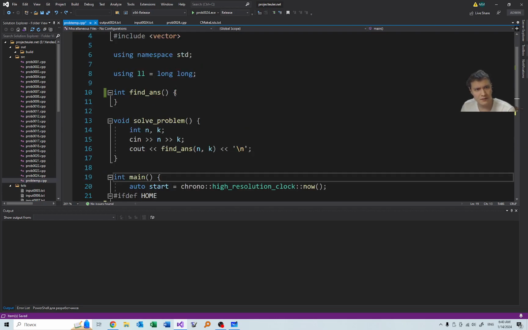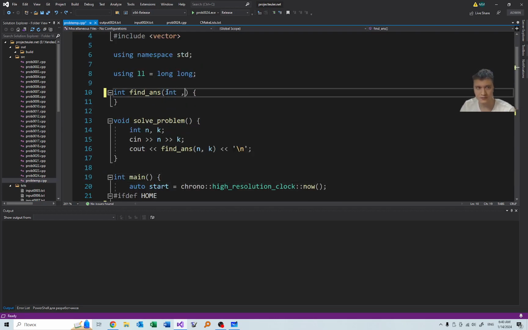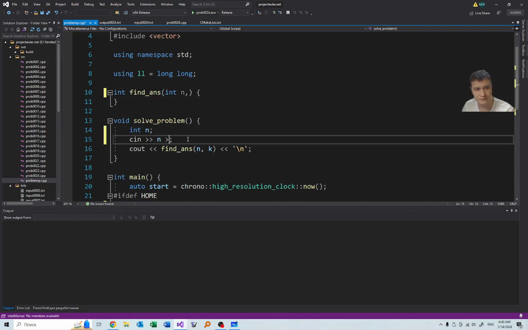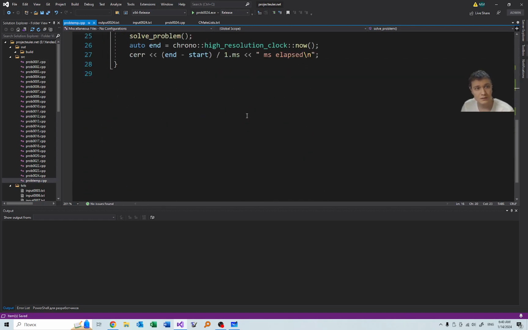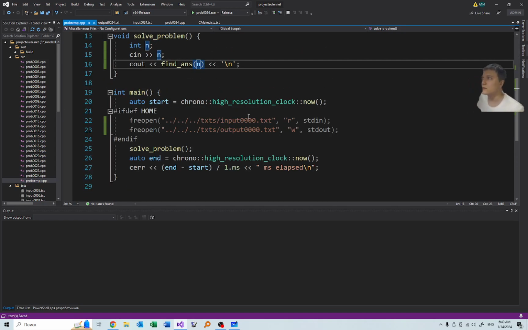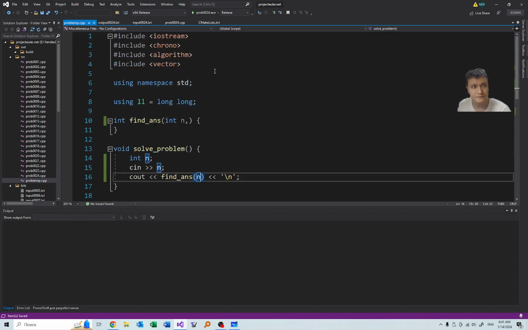So I read something. Okay, let's do it with one input. Usually it will be just one input. So what do we do here? Let's copy it.